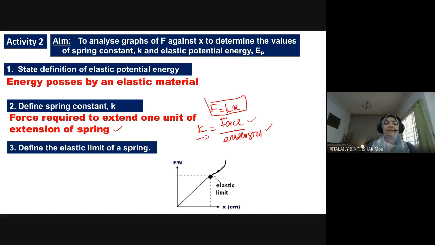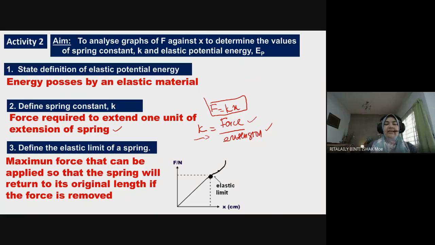Okay, number 3, define the elastic limit of a spring. So elastic limit is defined as maximum force that can be applied so that the spring will return to its original length if the force is removed. As you can see in the graph here, there is one point.